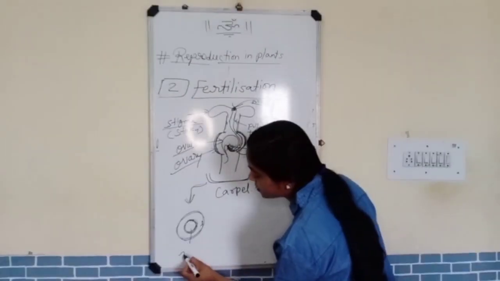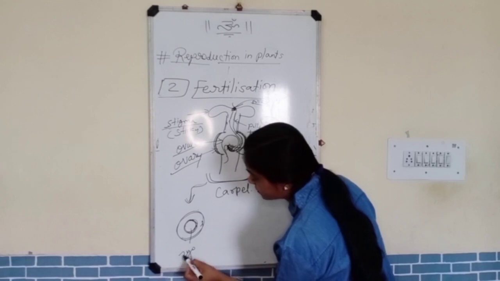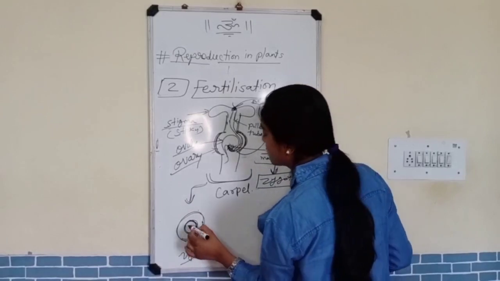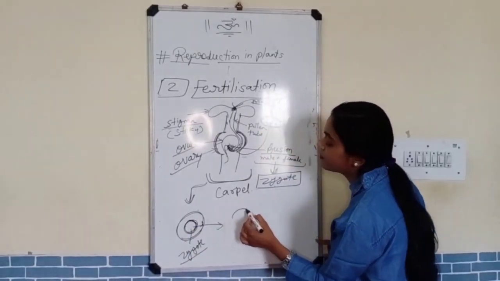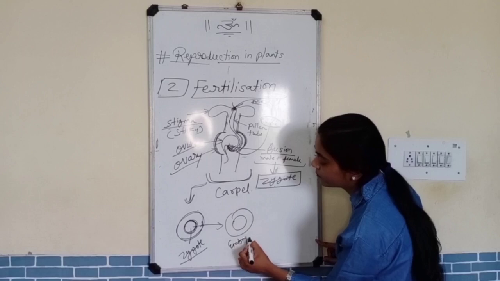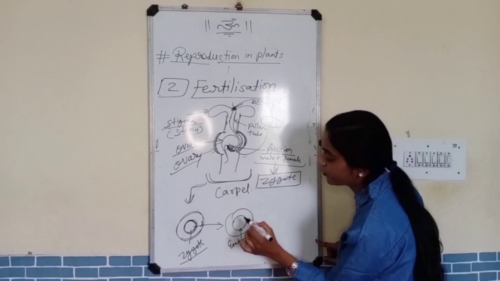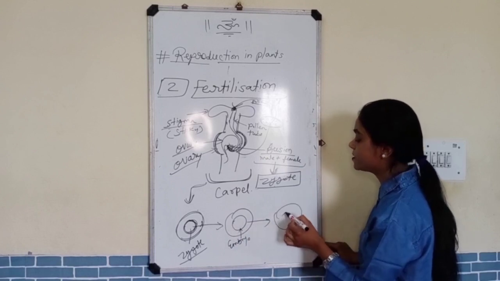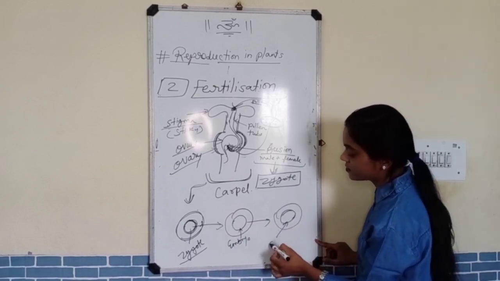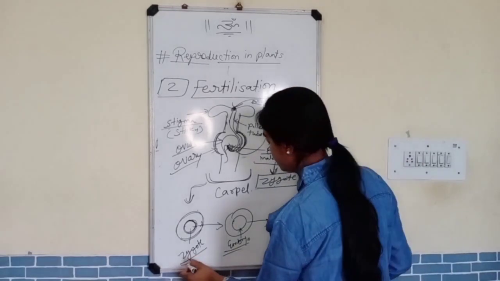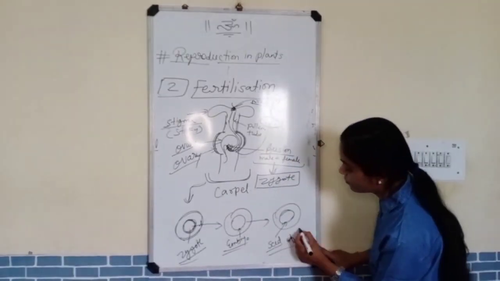So this is the zygote. The zygote later becomes a bigger cell, called the embryo. This is the embryo. And later the embryo becomes the seed of a fruit. Seed of fruit.